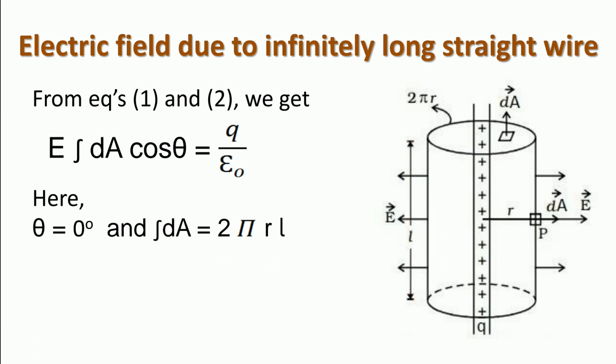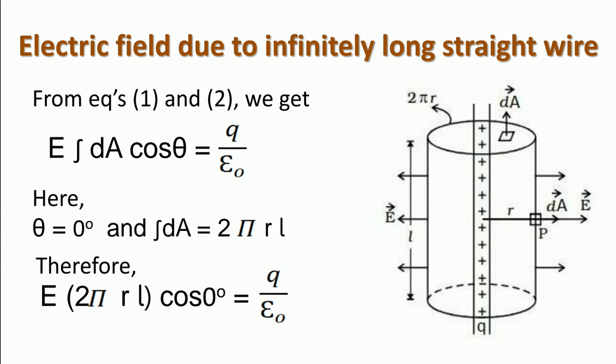Now we will put these values of integration dA and theta in this equation. So what happens? Let's see. Therefore, E as it is, the value of integration dA we have taken as 2 pi rl, cos theta, the value of theta is 0, q upon epsilon naught as it is. Now we will put the value of cos 0 as 1.